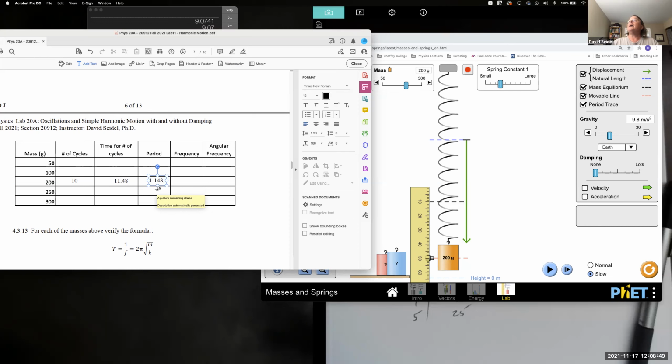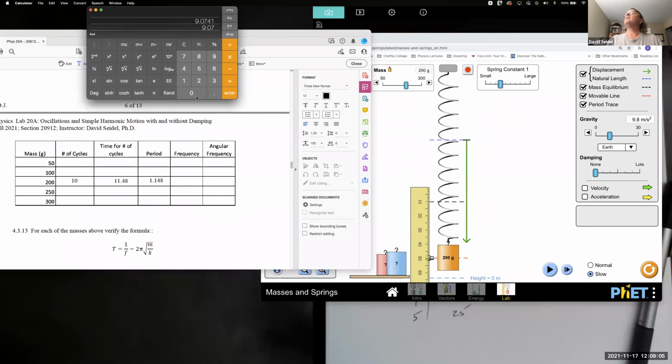If it's 11.48 for 10 cycles, divide it by 10, and you get 1.148 for a single cycle. My frequency is just 1 over that. So 1.148, and it inverts that. That's 0.8711.